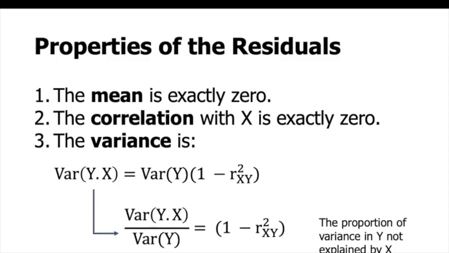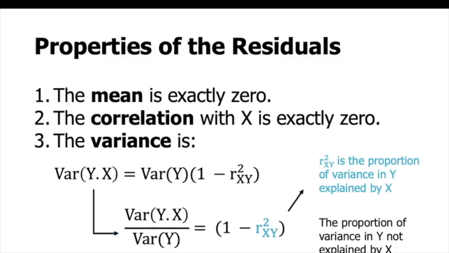That number is always going to be 1 or smaller. That is, the variance of the residuals will always be equal to the variance of y or smaller than that. The more and more that we explain in y, the smaller the residual variance is going to get. So again, the r squared value is the proportion of variance in y explained by x. How much of y does x tell us about?